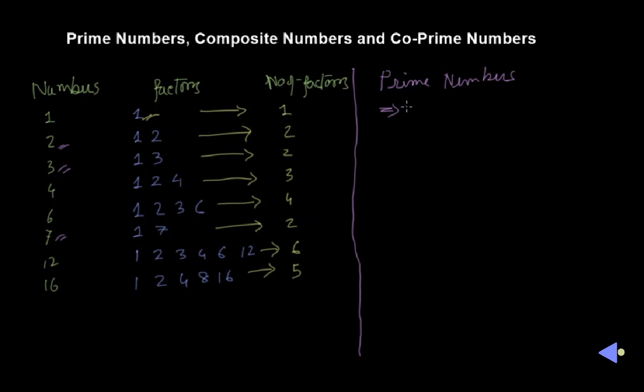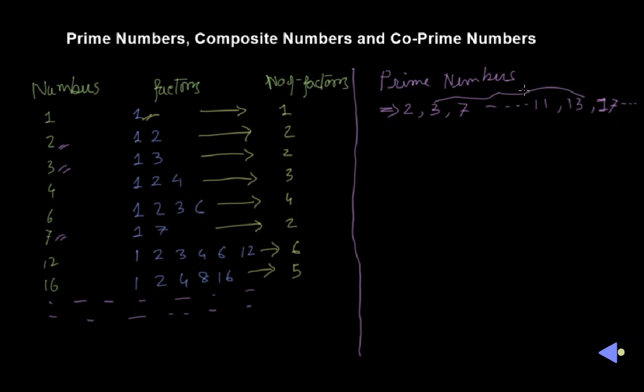So 2 is a prime number, and 3, and 7 here. If we take more numbers, then definitely we will get other values as well. Let us take 11, also a prime number, 13, 17. All those numbers have only 2 factors, 1 and the number itself. That is why it is called a prime number.